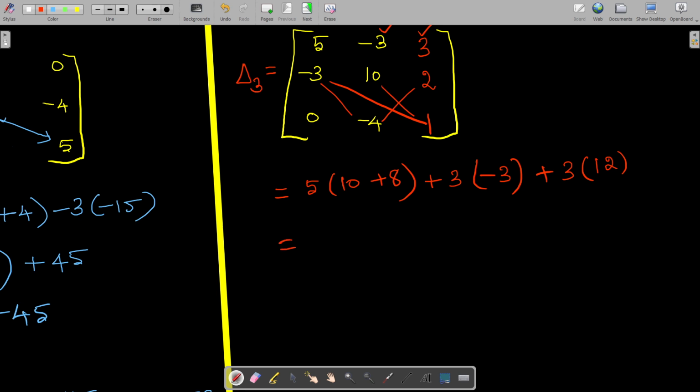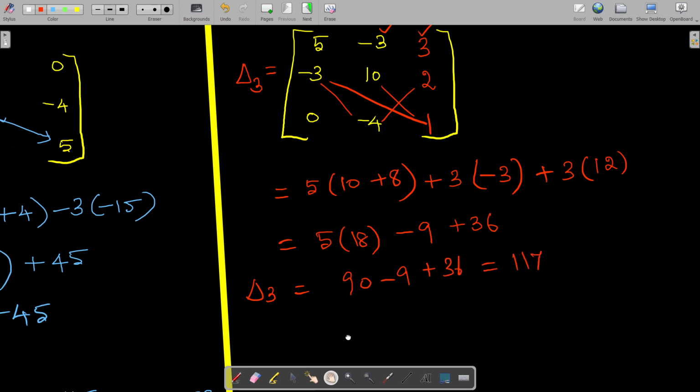So this is equal to 5 into 18 minus 9 plus 36. So this del 3 is equal to 90 minus 9 plus 36, which is equal to 117.